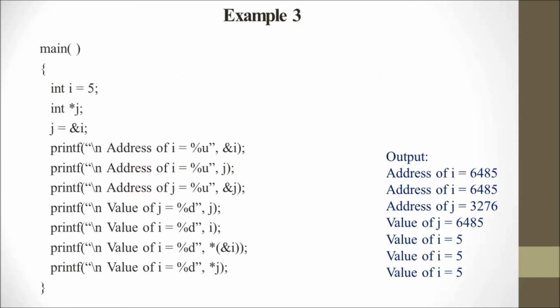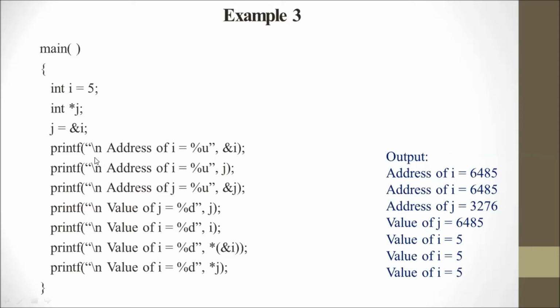So here we start, and the main function will start the execution of the program. The control will start from here: int i equal to 5. Then int *j. Here we take the pointer j, and j equal to &i, so the address of i is assigned to j.